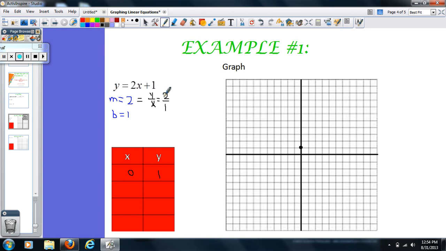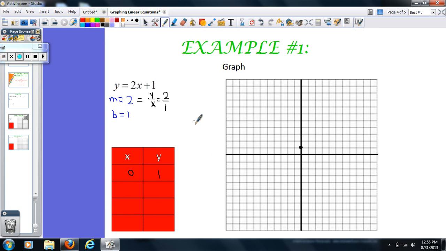Now, you can do a couple different things here. You can use the slope to graph, or you can just plug in other points for x and solve for the values of y.